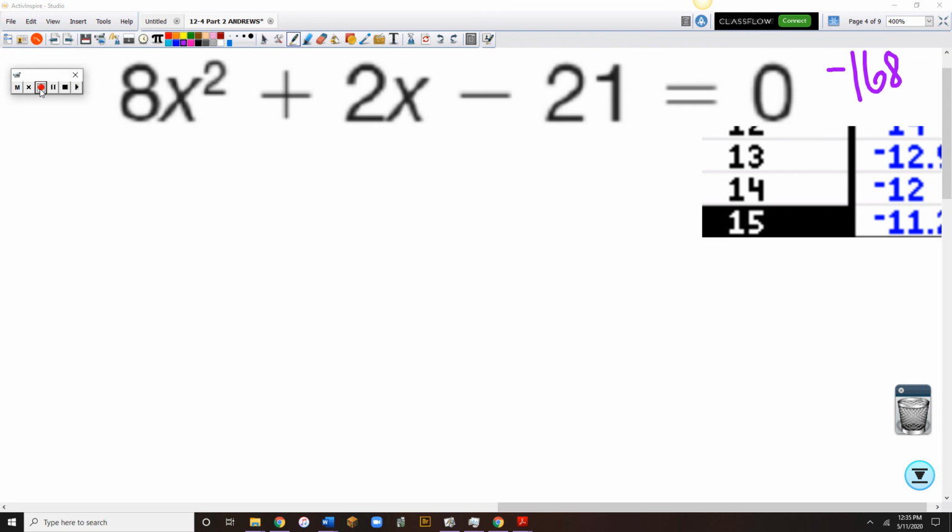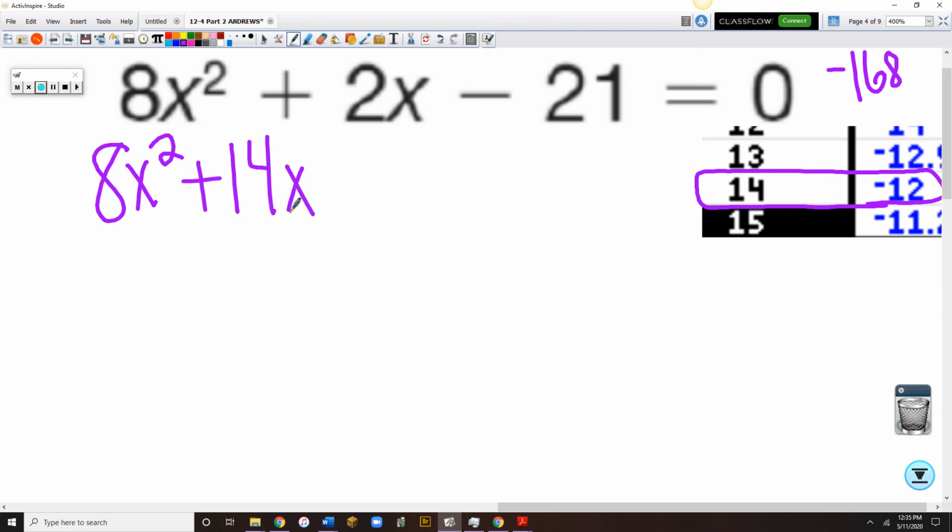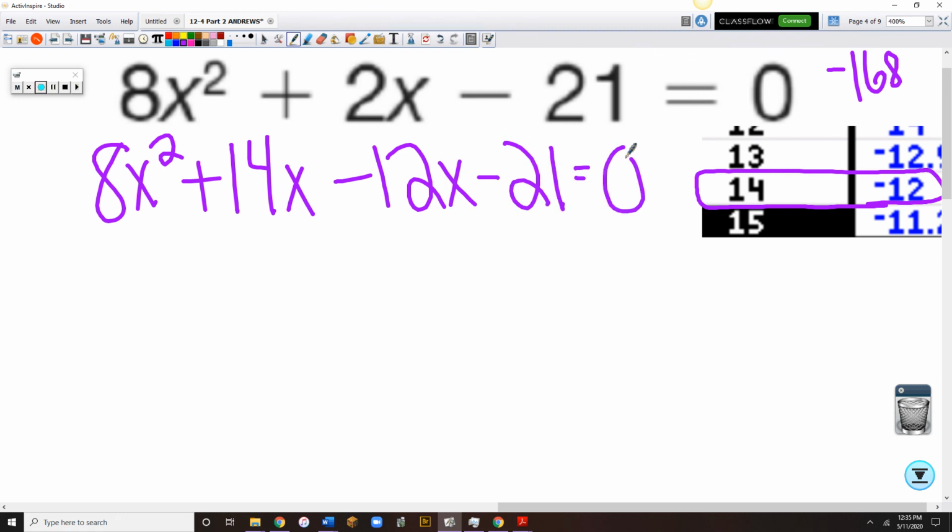The factors that I need that will make a positive 2x in the middle would be plus 14 and minus 12. And again, we split this.